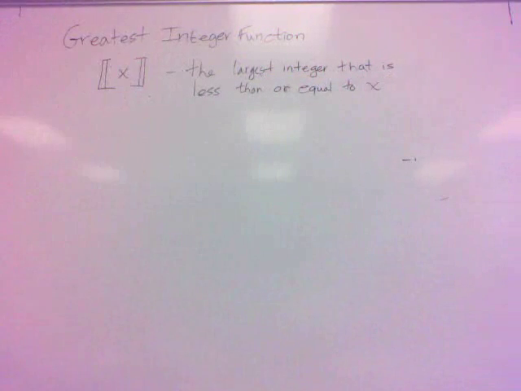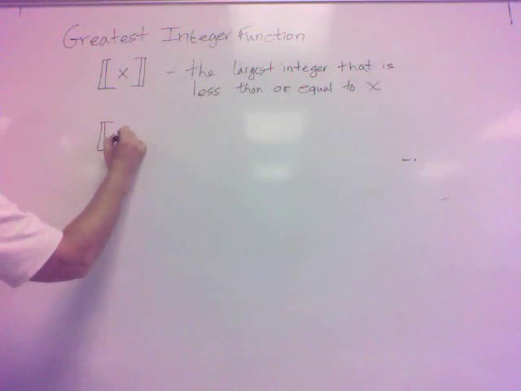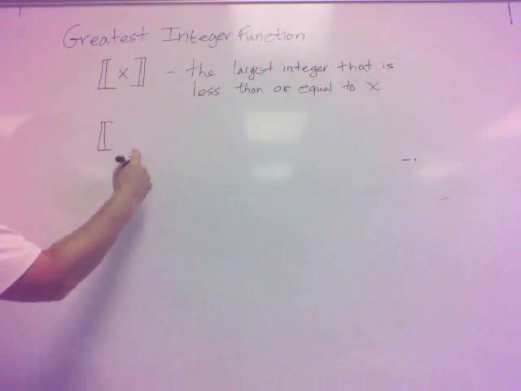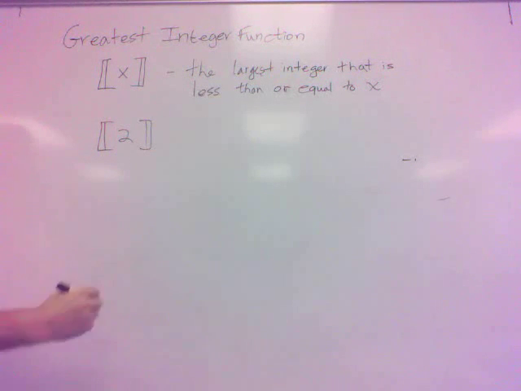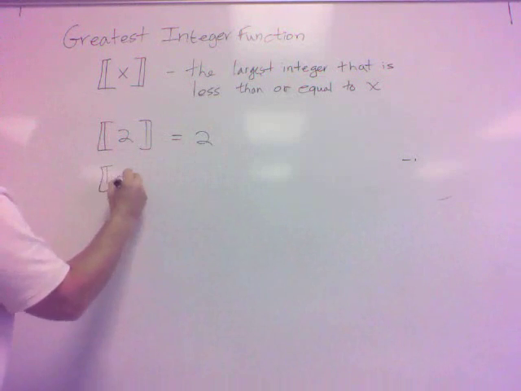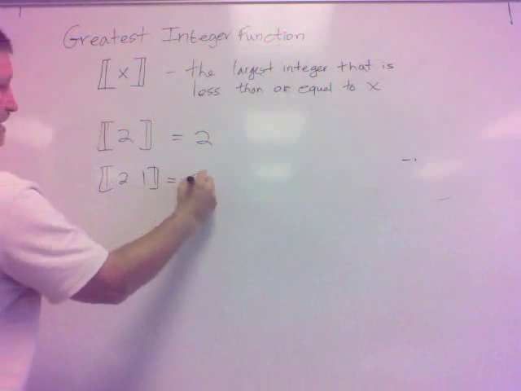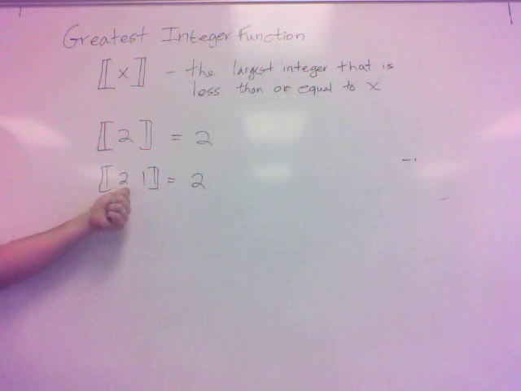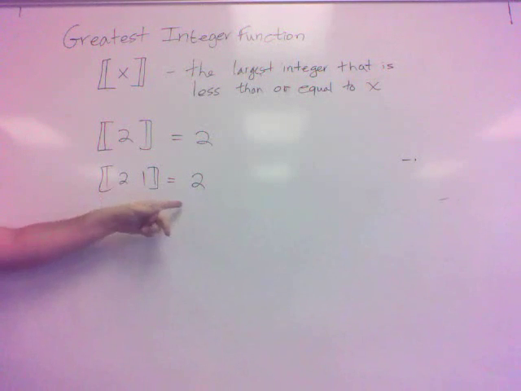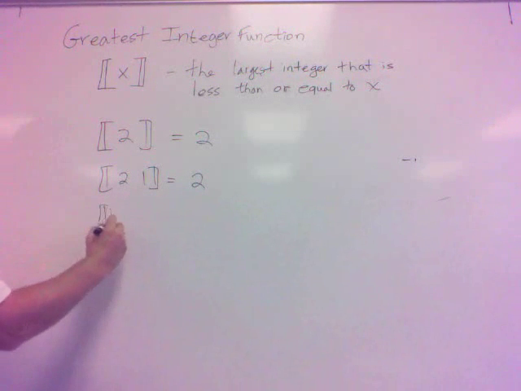So basically it's, what integer is this one close to without going over, you might say. The largest integer that is less than or equal to x. Here are just a few examples. The greatest integer of 2 is 2. But the greatest integer of 2.1 is also 2, because the largest integer less than or equal to it is 2.